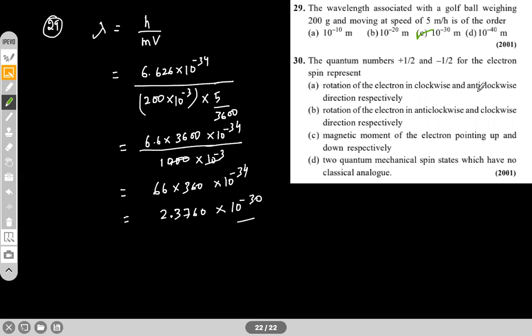When it is along the direction of the magnetic field, it is plus half, and when it is anti-clockwise, it is minus half. So the answer for this question is option C, magnetic moment of electron pointing up and down respectively.